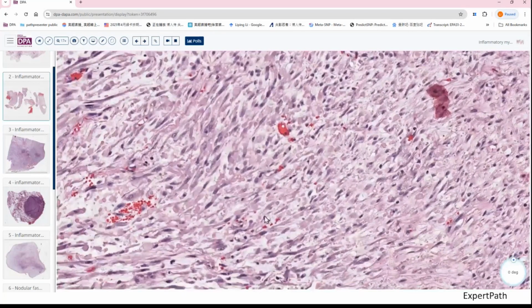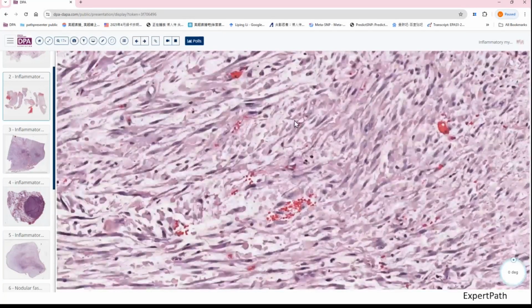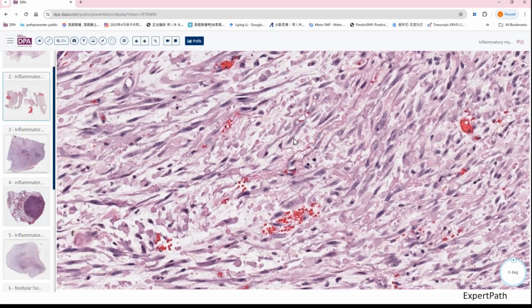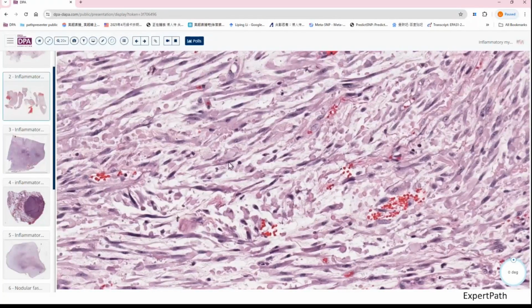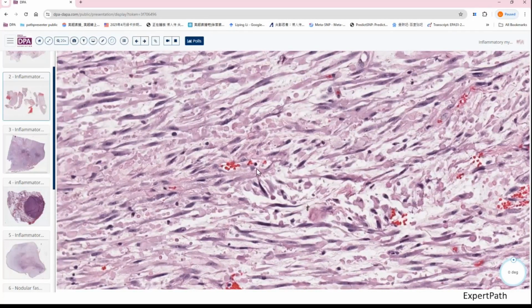We can see some inflammatory cells, sparse, not tons of them in this view, but we can see the characteristic plump spindle cells, myofibroblasts. These cells are blunt, spindle-looking with open chromatin and no prominent nucleoli. Of course, we have some hyperchromatic cells, and there are extravasated red blood cells.